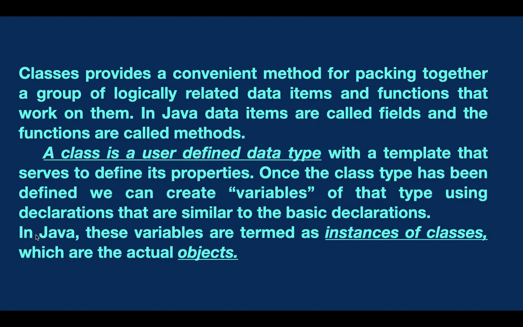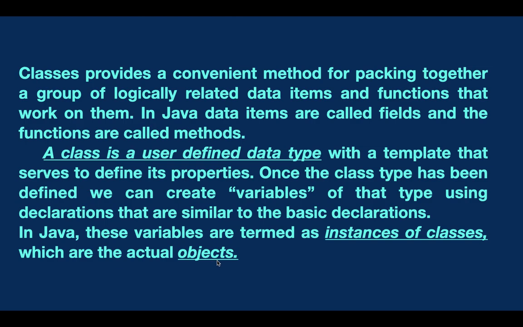In Java, these variables are termed as instances of classes, which are basically nothing but objects. By using a primitive data type, we create variables which are called primitive type variables, but when we instantiate a class, we create an instance of a class, we create objects.